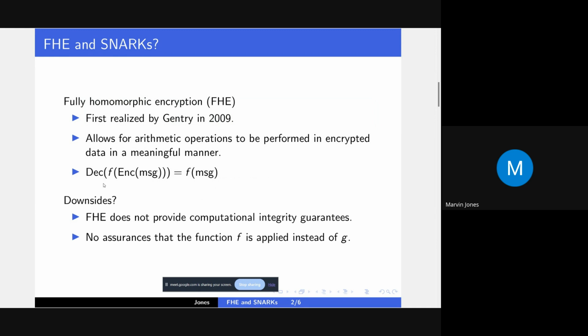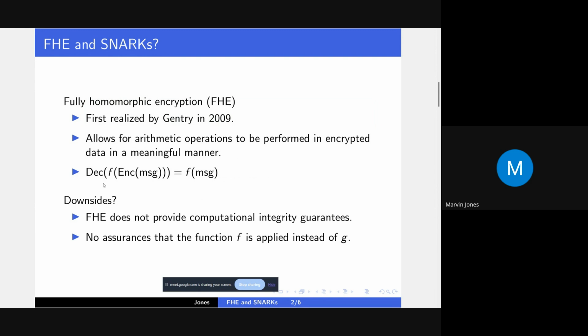Okay, so what are the downsides of fully homomorphic encryption? It sounds wonderful. Well, first of all, it doesn't provide any computational integrity guarantees. Basically, FHE researchers, as far as I can tell from talking to a friend who specializes in it, don't contemplate that the server you're sending your encrypted data to for computation is malicious.